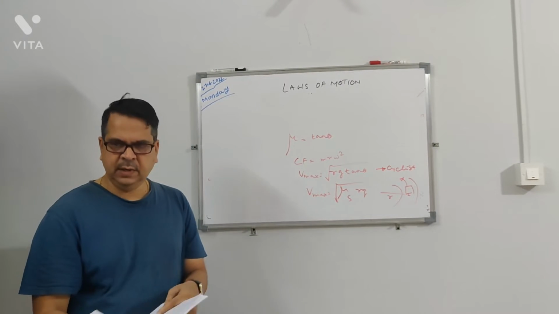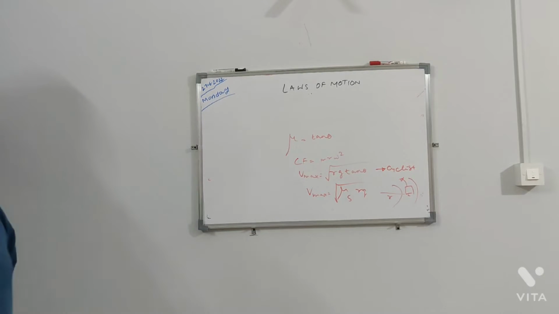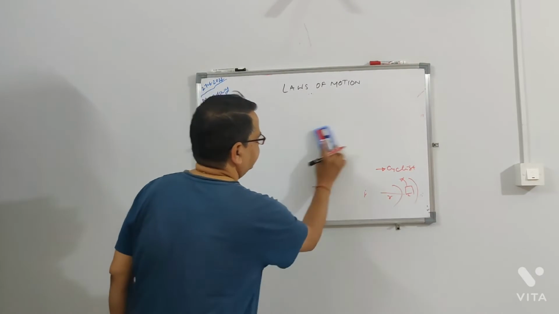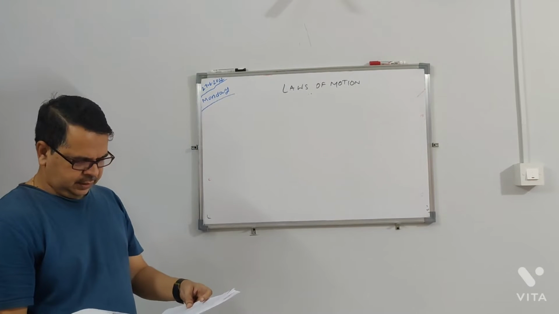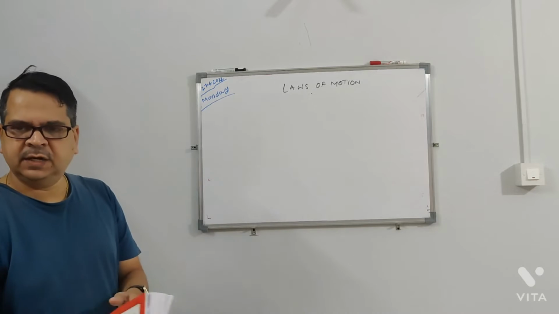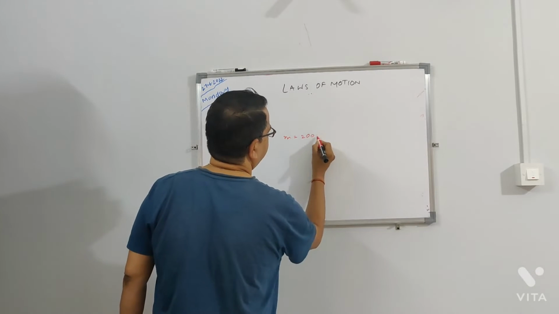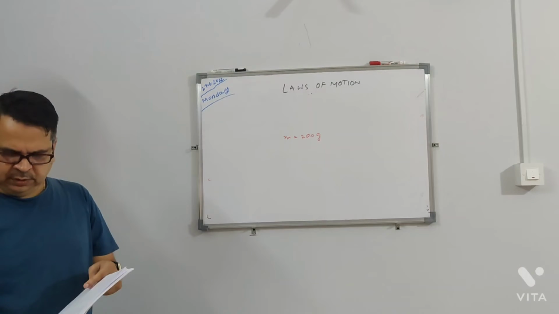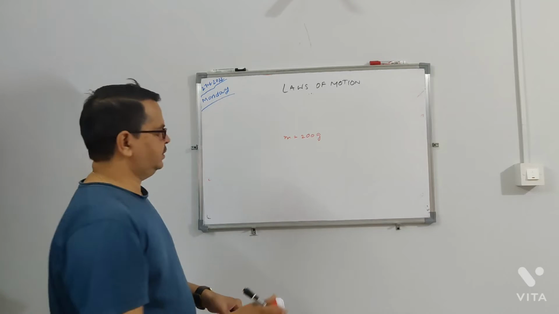So we will try to do one numerical on Newton's third law. What they are saying: a man fires a bullet of mass 200 gram. So small m is equal to 200 gram, at a speed of 5 meters per second.